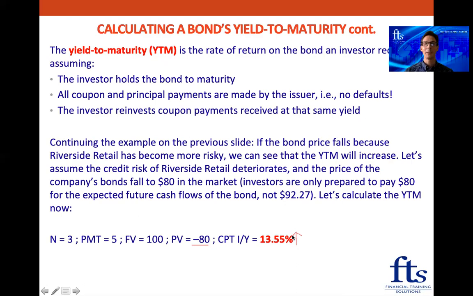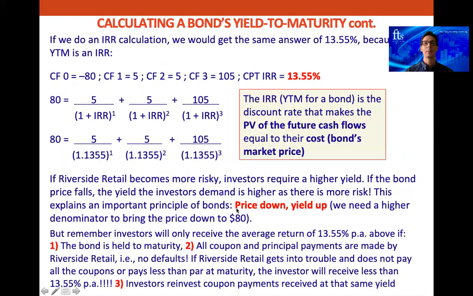But just before we continue talking about that principle, we can also do the IRR calculation if we want to. If we make cash flow 0 equal to 80 and not 92 anymore, you're going to get the same answer.